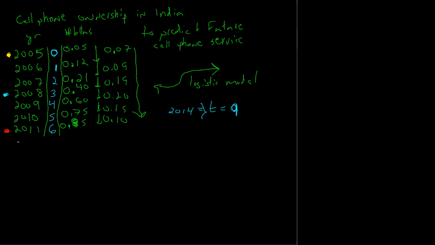All right. So my first equation is for A at time equals 0, which is A is 0.05, equal to C over 1 plus A e to the negative bt, or b times 0. But what's nice is b times 0 is 0. Anything to the 0 power is 1.